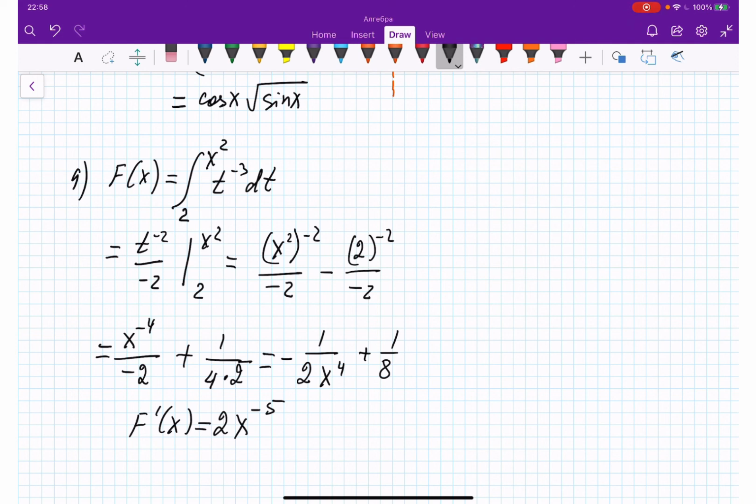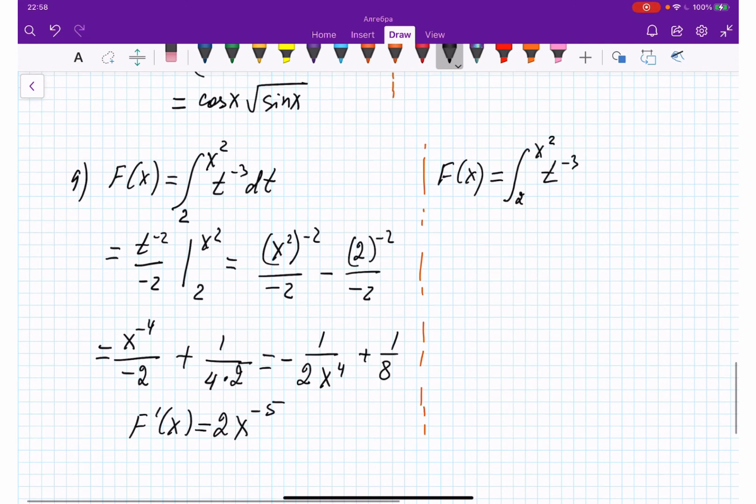Okay, so using the second fundamental theorem, we are going to get f of x equal to the integral from 2 to x squared of t to the power negative 3 dt, and f prime of x is going to be equal to x squared to the power negative 3, and the derivative of x squared, obviously, is 2x also, right?